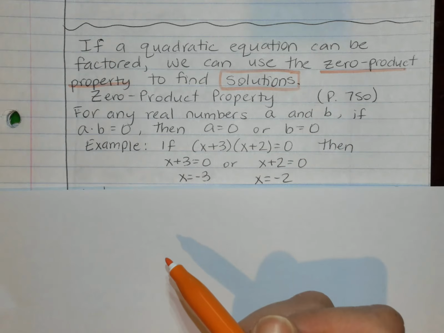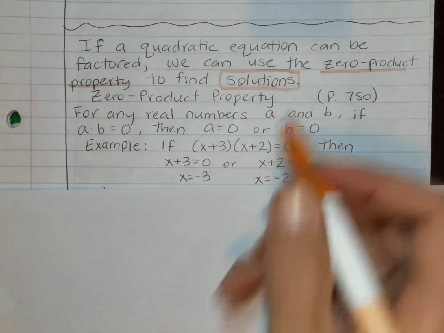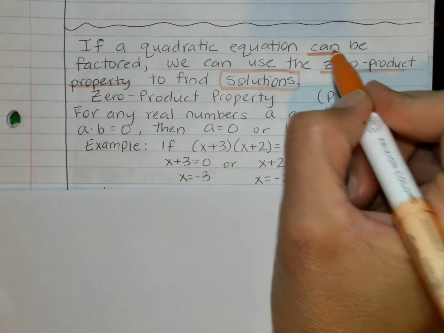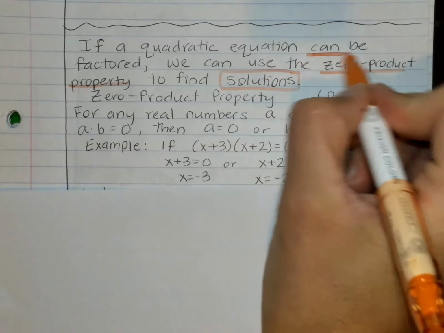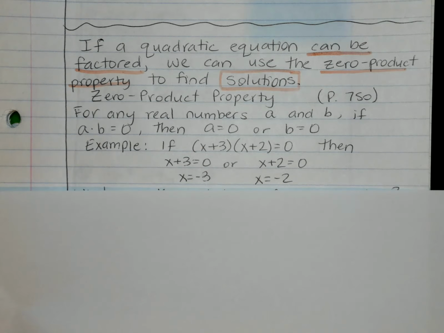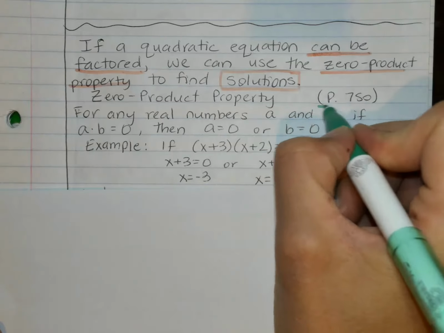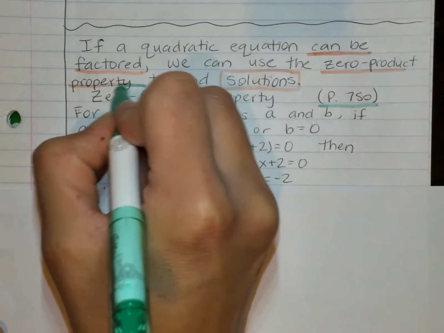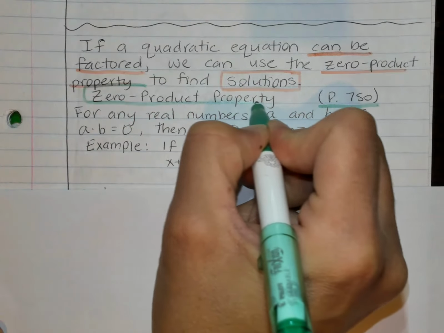Of course, the problems I'm giving you can be factored, but just know that not every single quadratic will be able to get factored. Okay, so here's what the zero product property is. It's on page 750, so look in your book, zero product property.